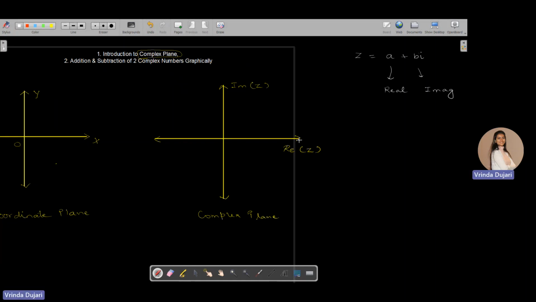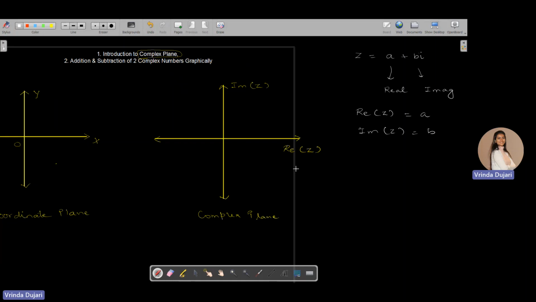We used to denote a by Re(z). Re(z) means the real part of z. And b was denoted by Im(z), right? So b was the imaginary part of z.